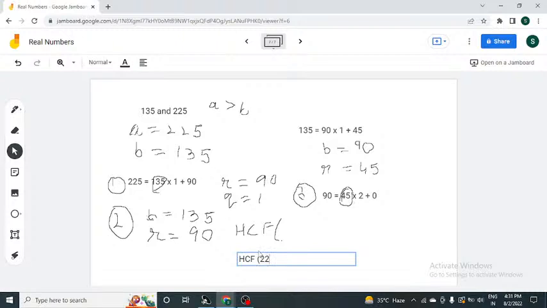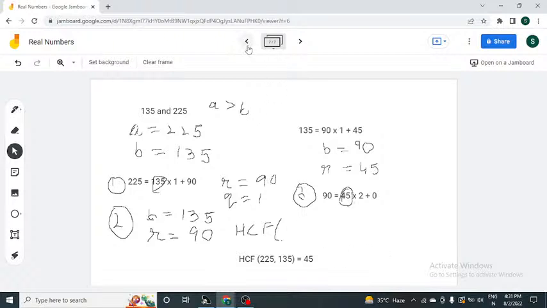We have figured out the HCF for the numbers 225 and 135, and the HCF is 45. This is how we denote the HCF of numbers. It pretty much sums up that the HCF for the numbers in the brackets is 45. Sometimes in questions the HCF for numbers might be written like this.